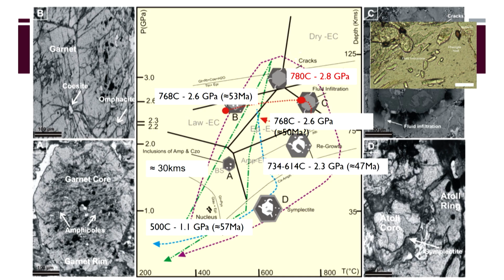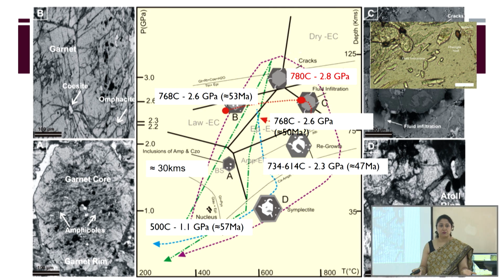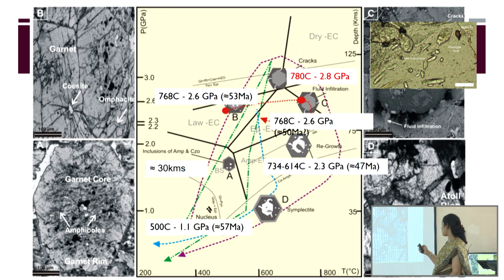Again, for the atoll, this temperature has been calculated at 734 to 614 at 2.3 GPa, and 47 million years is typically where most of the atoll formation was complete, and you're able to now see beautiful atolls in the form of these pictures.